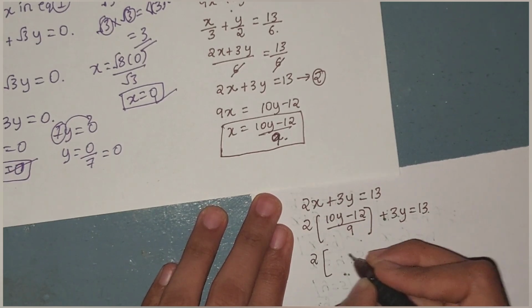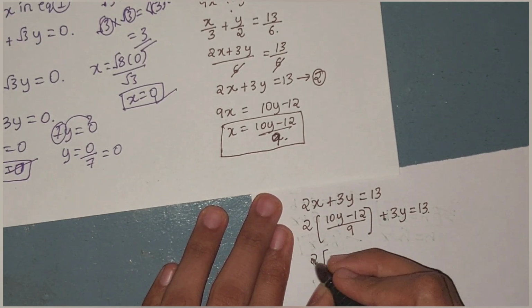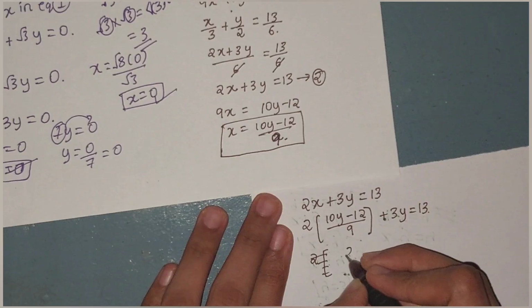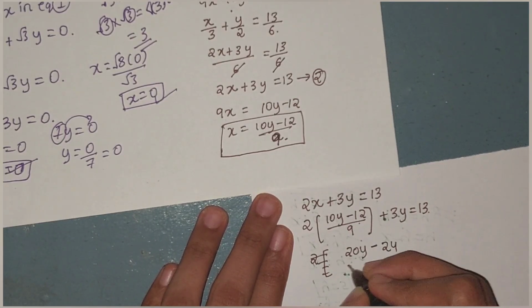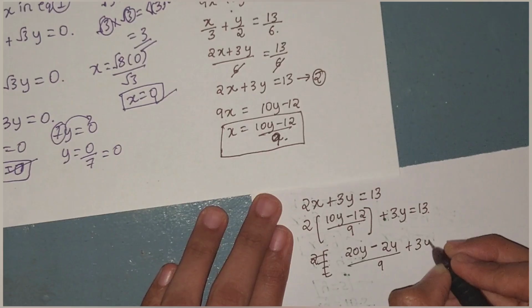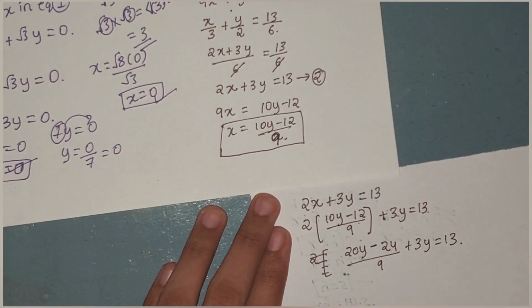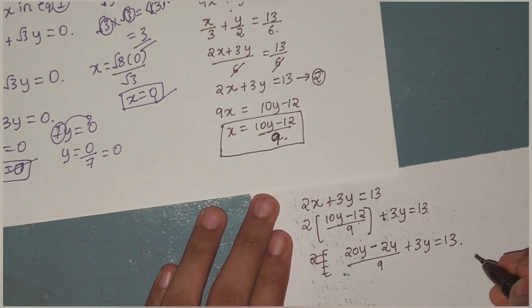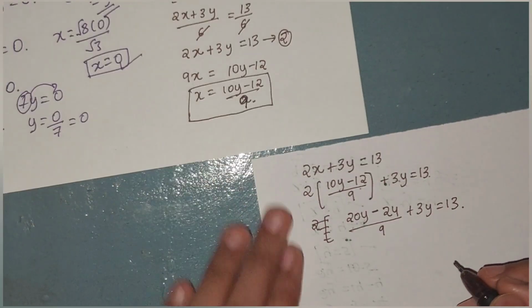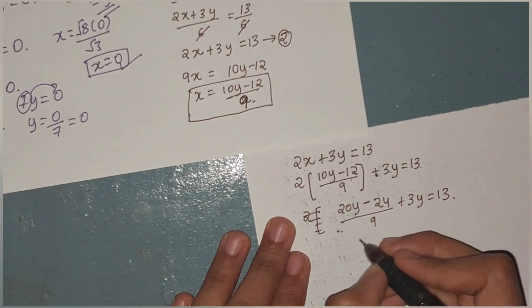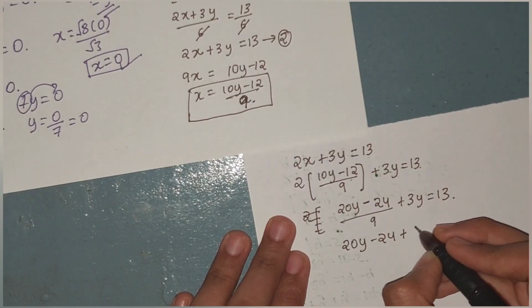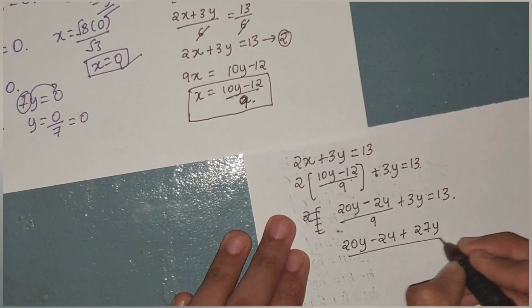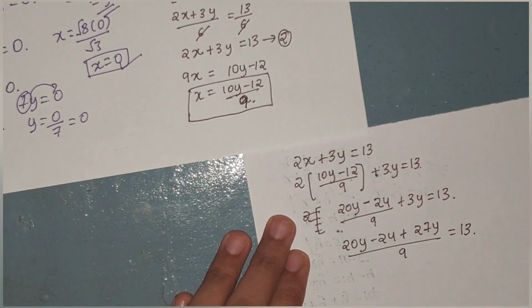Let me do it like this: 2 into 10, 20y minus 12 2s are 24, by 9 plus 3y is equal to 13. Next, take LCM: 20y minus 24 plus 9 3s are 27y by 9 is equal to 13.